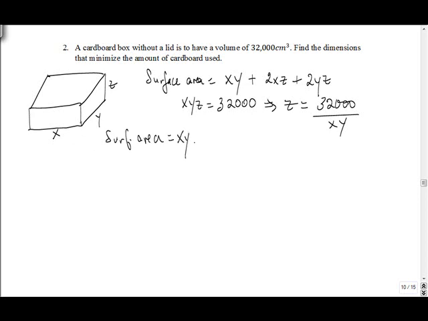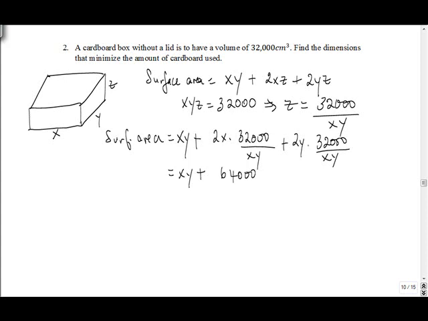So that is xy plus, let's just put it as 2x times 32,000 over xy plus 2y times 32,000 over xy, which is xy plus 64,000 over y plus 64,000 over x.